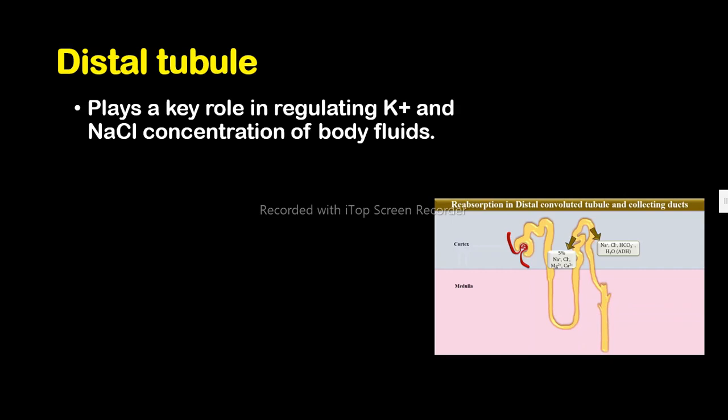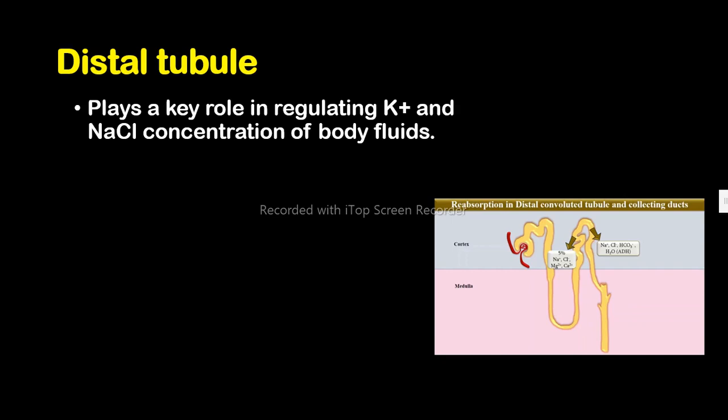Because as you are moving up, the concentration keeps on decreasing and the liquid becomes more dilute. So water can still diffuse out. But it plays a key role as far as regulation of potassium ion and sodium ion concentration is concerned.